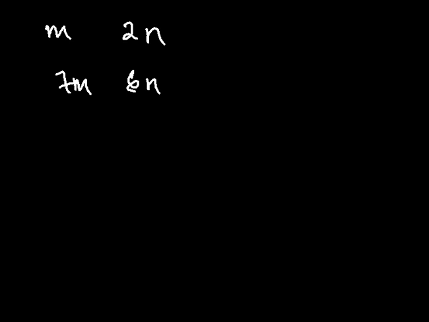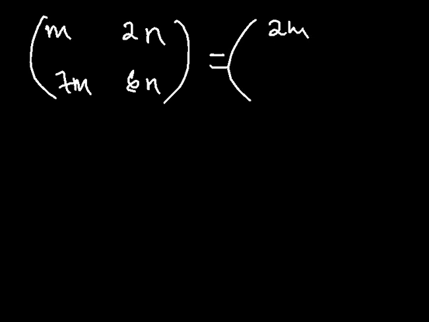Let's say it should be this, and should be given as, let's say, 2M, now 2 down 5, let's say 0 down 7.